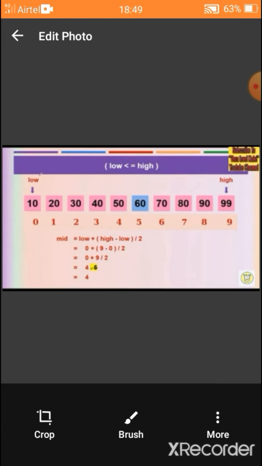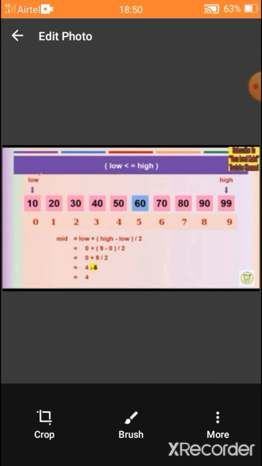The formula is given below for finding the middle value. To find the middle value, first take the highest index value and subtract the lowest index value.